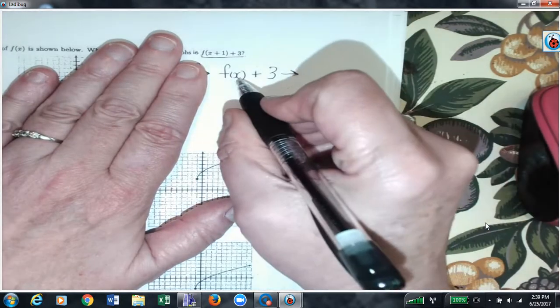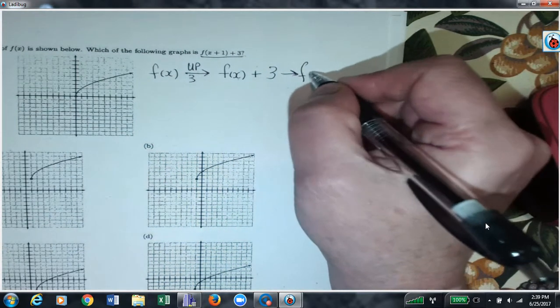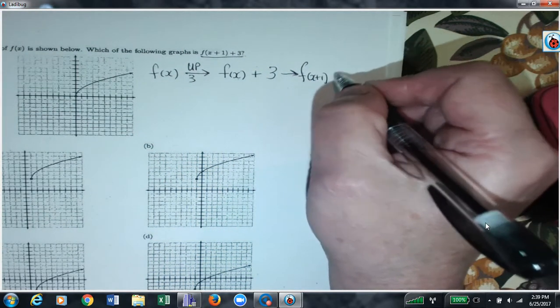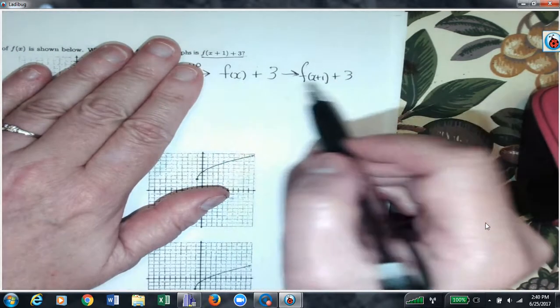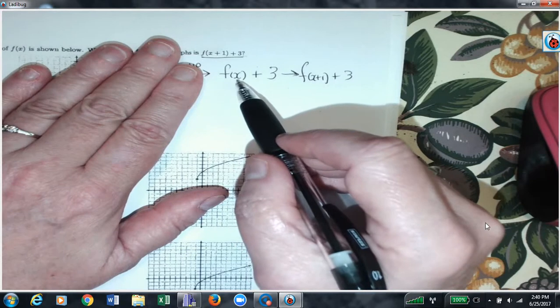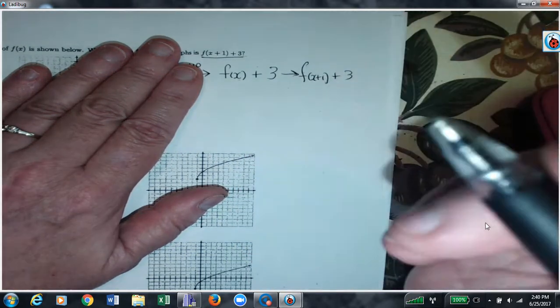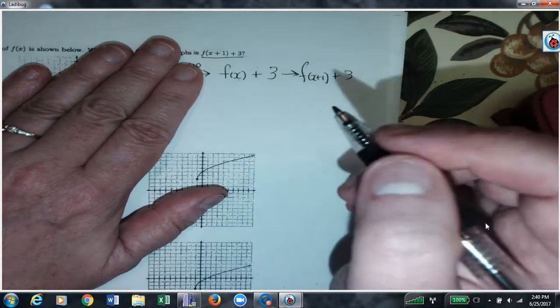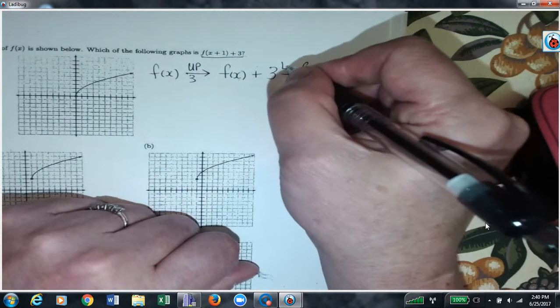I replace the x inside the parentheses with x plus 1. Now, if the change I have made from here to here is to replace x inside the parentheses with x plus 1, then the transformation is it shifts it left 1 unit.